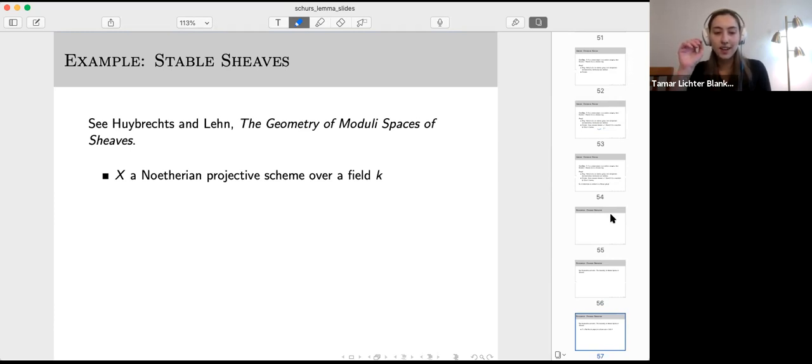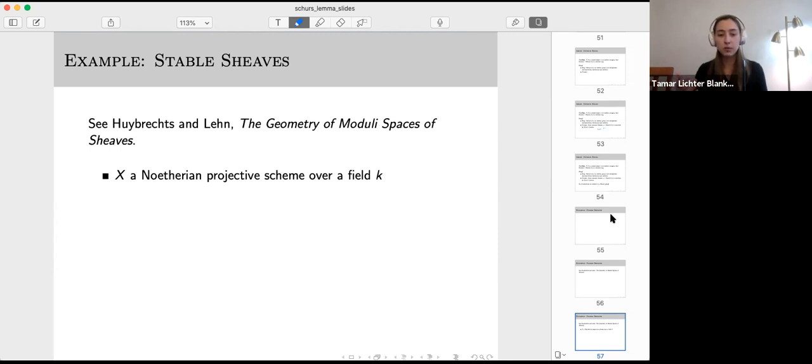And I don't know if everyone here has taken a class that has schemes in it or remembers, but the idea is, schemes are a main object that people study in algebraic geometry. Noetherian is a property that makes them a type of very nice scheme.